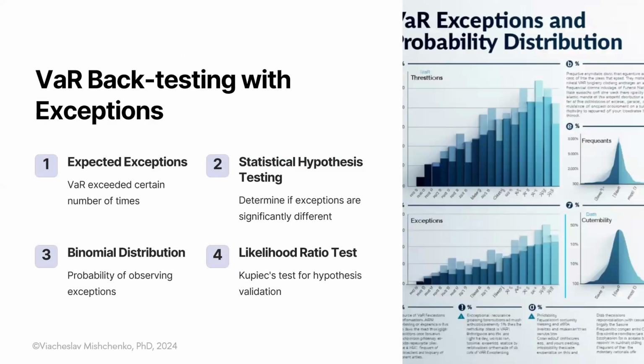We usually expect the value at risk measure to be exceeded sometimes. That's built into the confidence level, because it is not equal to 100%. The challenge here maybe is determining when we have too many exceptions.